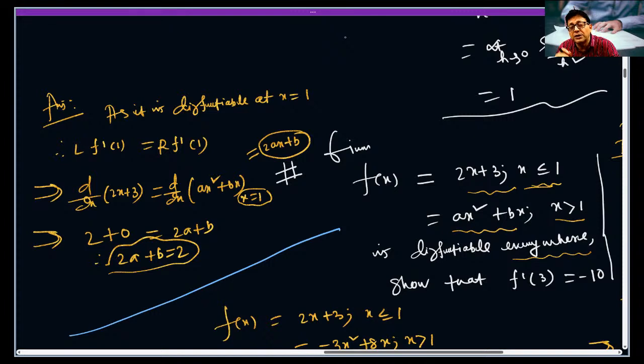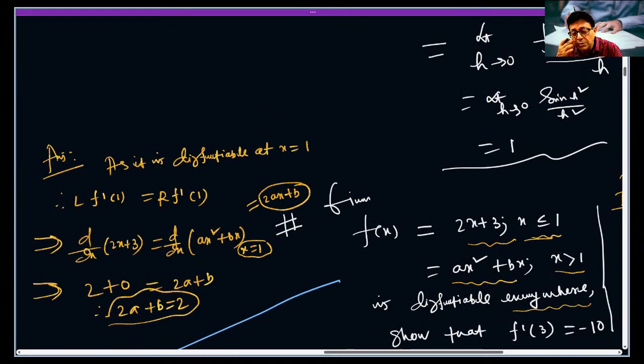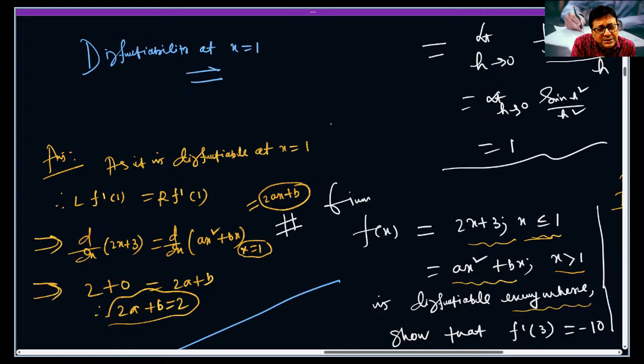What other information can be used that you could do earlier also? What is that? Differentiability at x equal to 1 implies continuity at x equal to 1.